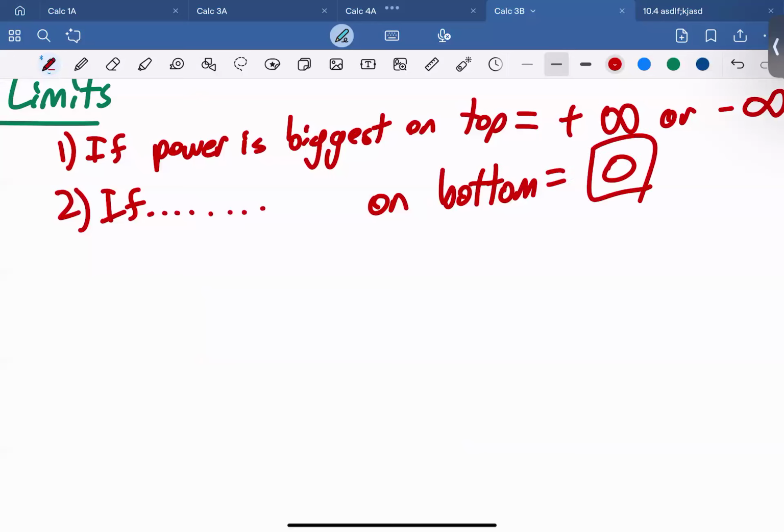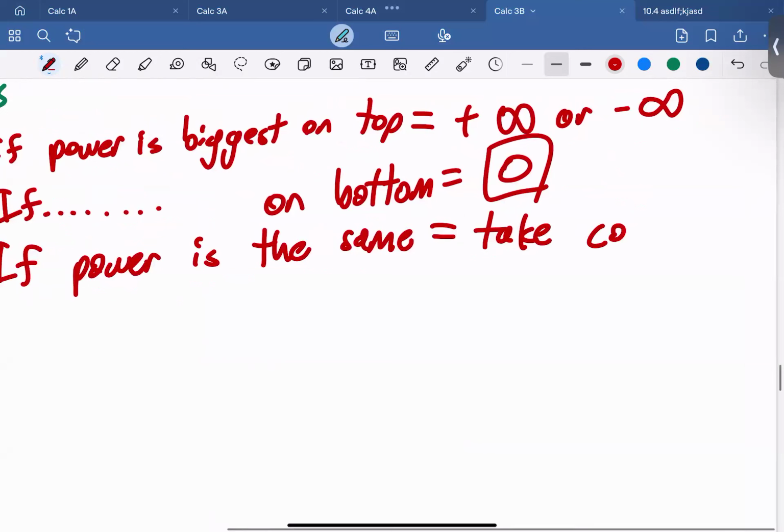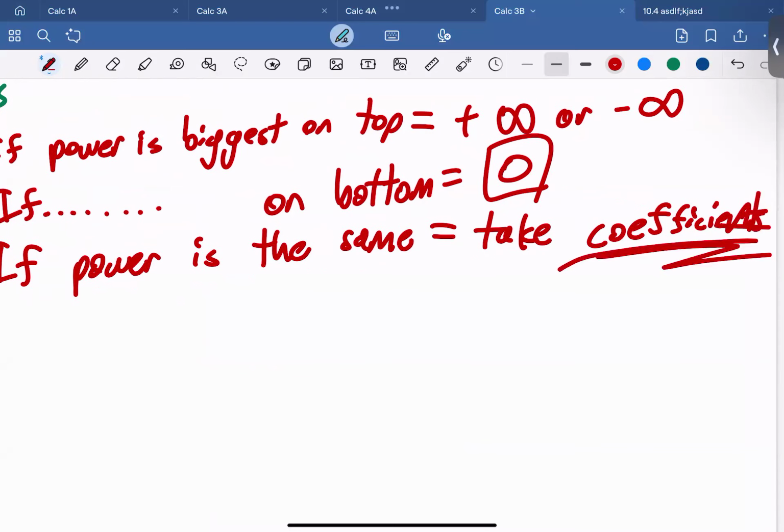That's it. That one's great. We love that one. Step 3, if power is the same, okay, you would take the coefficients. So take coefficients.